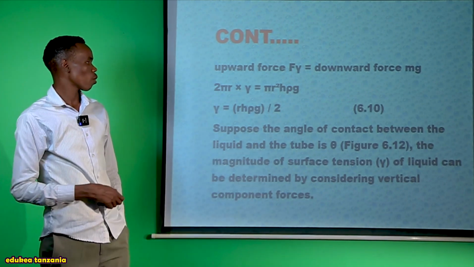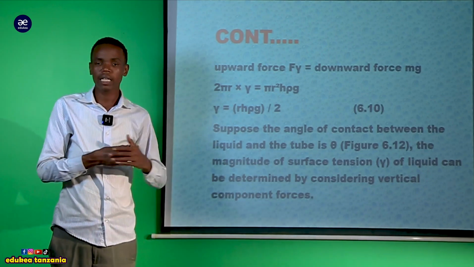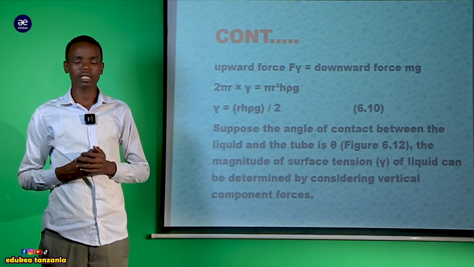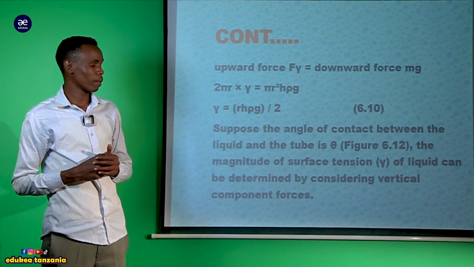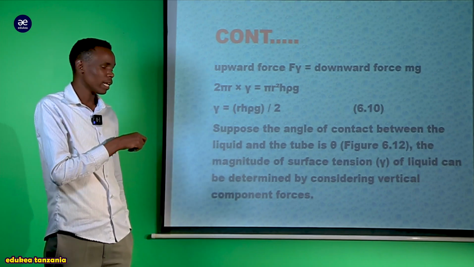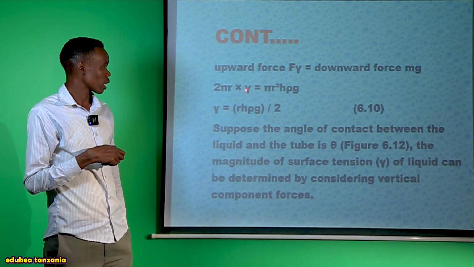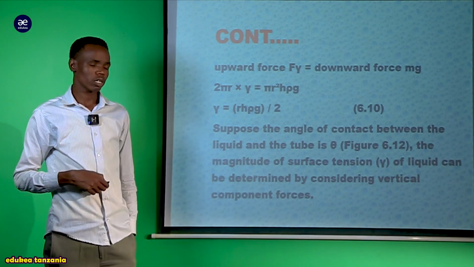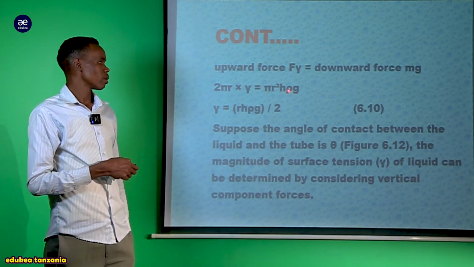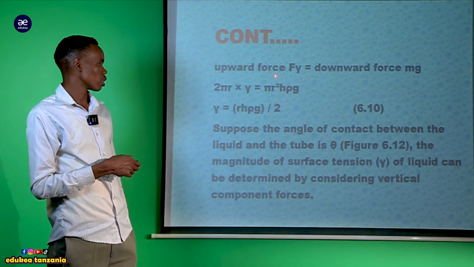Because pi r is found on both sides, we are supposed to cancel, or divide by pi r on both sides. If we divide, we should remain on the left side with 2 times the surface tension, which is equal to r times h times the density times the acceleration due to gravity.